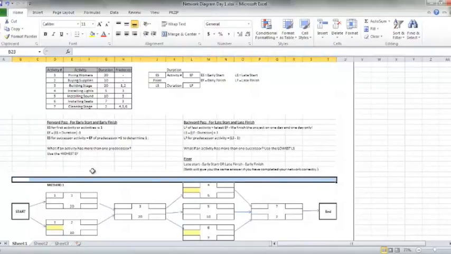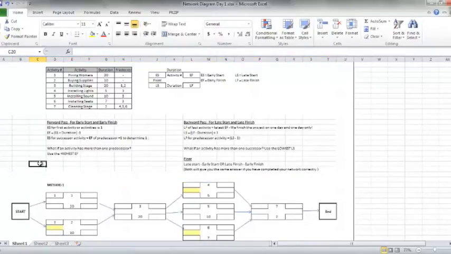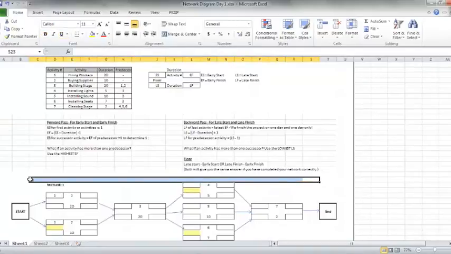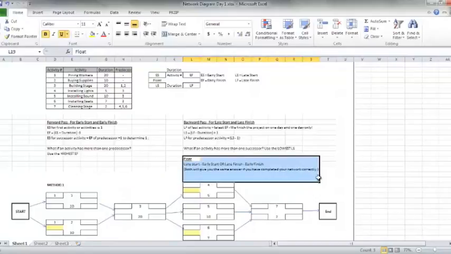We go through each activity, and we calculate on a forward pass the early start and the early finish for each piece of work. When we do a backward pass, we are going from right to left, from the end to the beginning, and we are calculating the late start and the late finish. So we need the forward pass and then the backward pass. When we have finished both, then we can calculate the float.